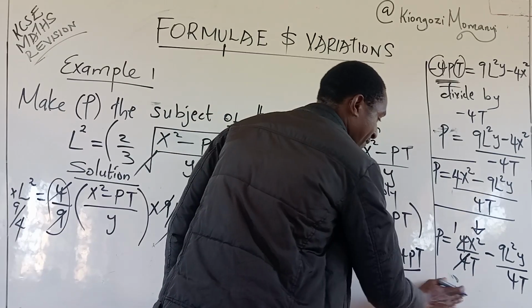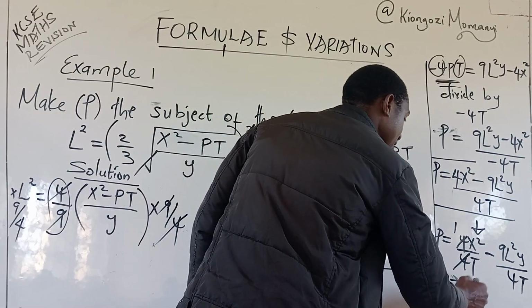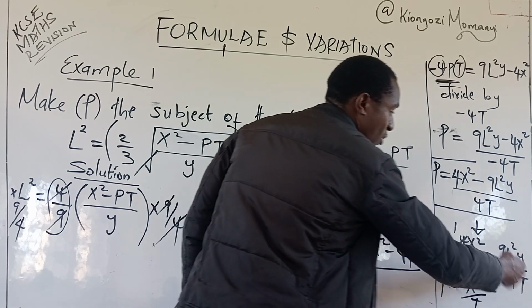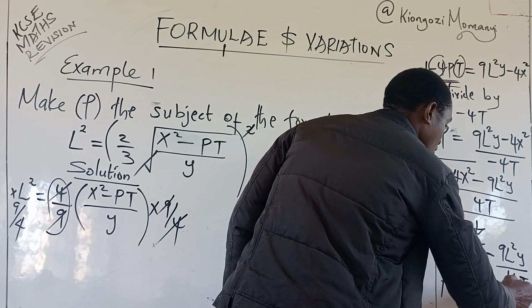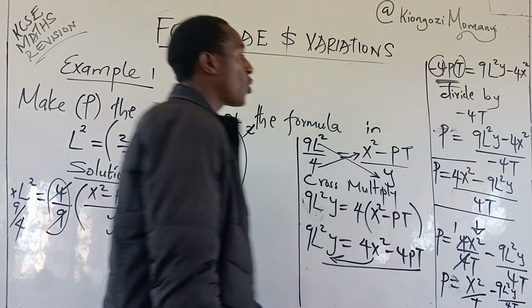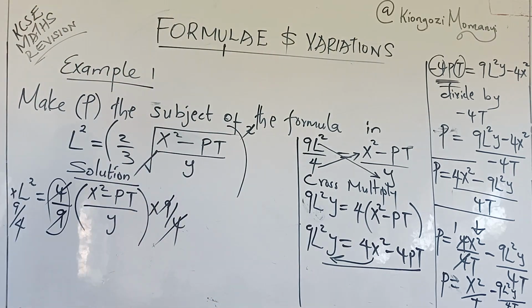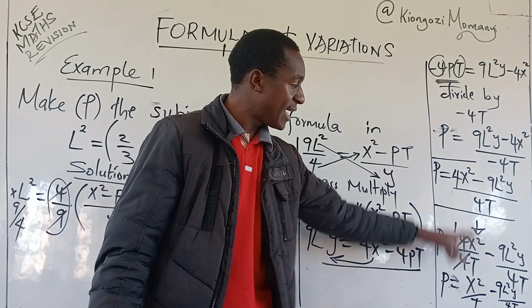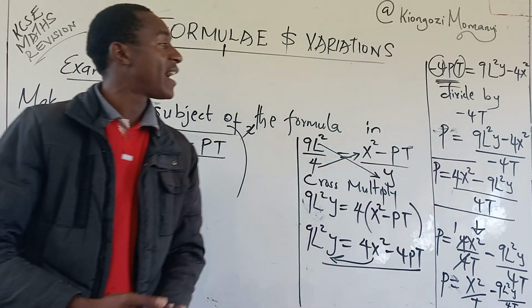So you end up having p is equal to x squared over t minus this one, there is nothing you can do to it, 9L squared y over 4t. That is how you go about this question. By the end of the day, you should ensure that you have left your answer in a simplified form.